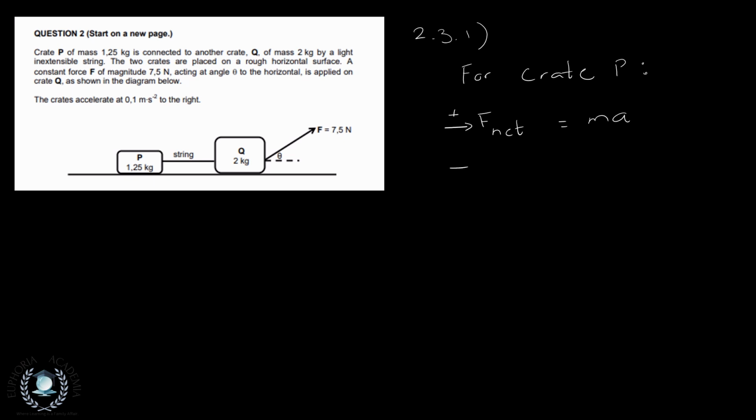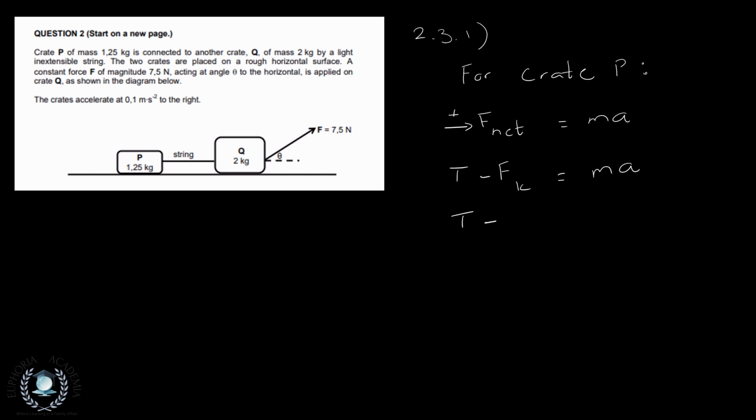We're going to have our tension minus our frictional force being equal to our mass multiplied by our acceleration, and we have values for our frictional force, our mass, and our acceleration, so let us substitute those.